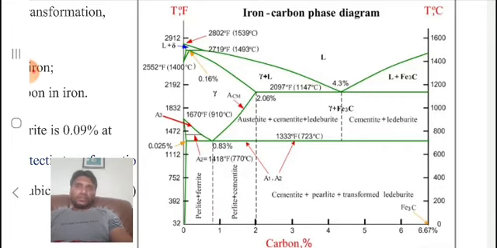Now after it cools to room temperature, cementite remains as it is, and whatever austenite is present will convert into pearlite.